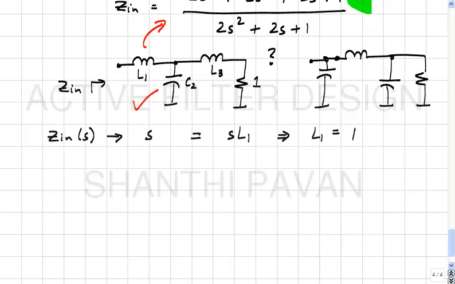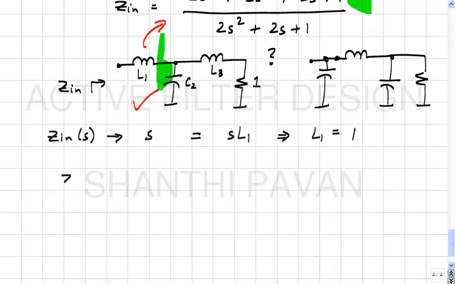We are interested in finding C2 and L3. So we know L1, and we should be able to find the impedance looking in to the right of L1. Correct? And what would that be?